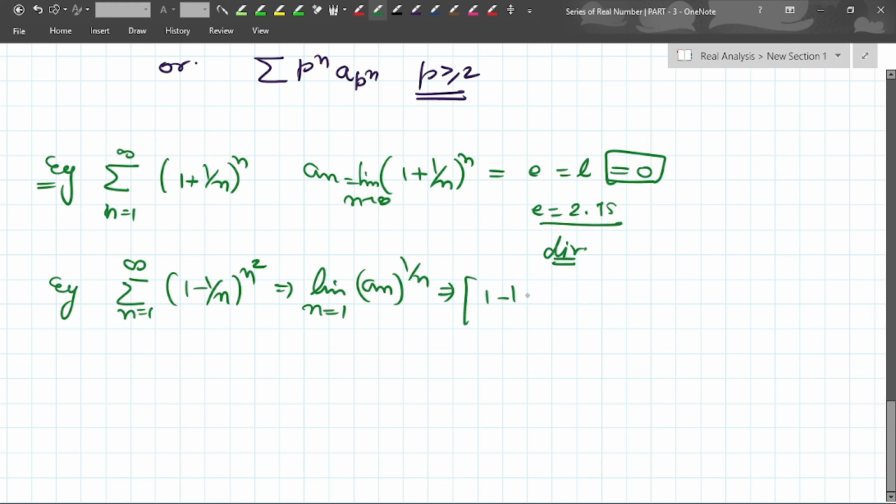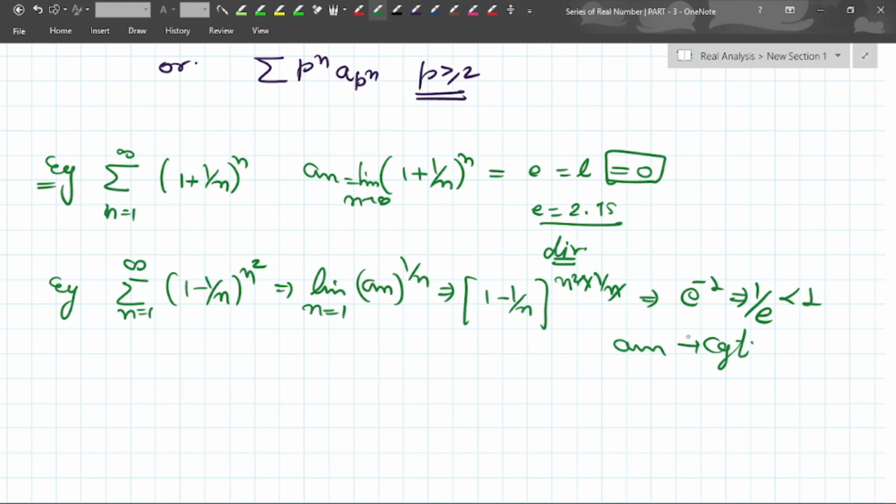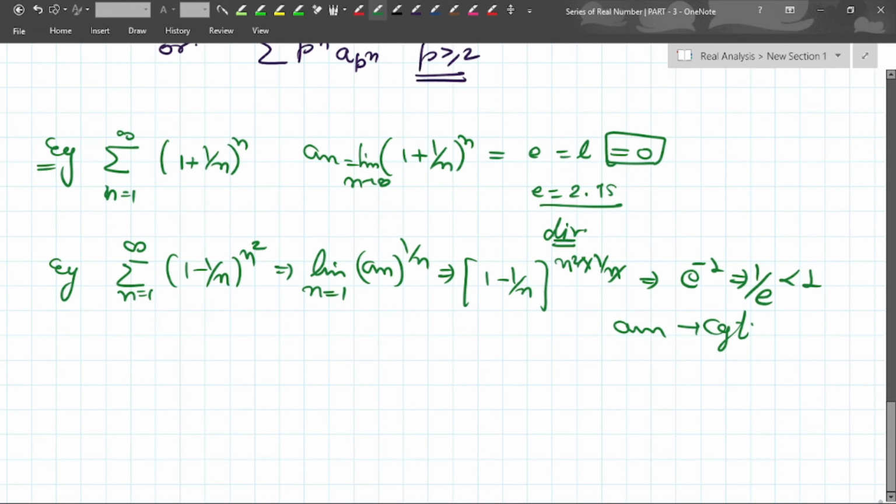So it is 1 minus 1 by n, power n square into 1 by n. Now it is e to the power minus 1, which is 1 upon e, which is less than 1. It means this series is going to be convergent from here. This is one of the methods to find the convergence or divergence of a series.